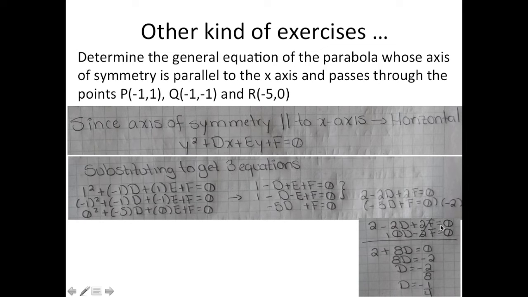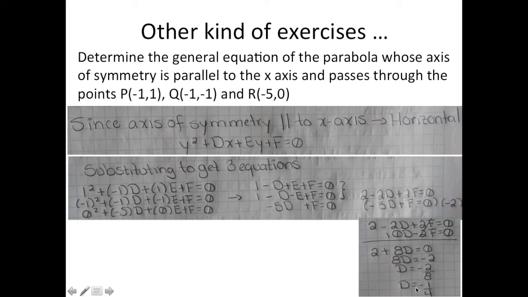I add these 2 equations because I'm doing it by elimination, and I get 10 minus 2 is 8d. The f's go away, and 0 plus 0, 0. And then from here, guys, all you have to do is isolate your d. The 2 goes subtracting, and the 8 goes dividing, and so I get that the value of d is -1/4.